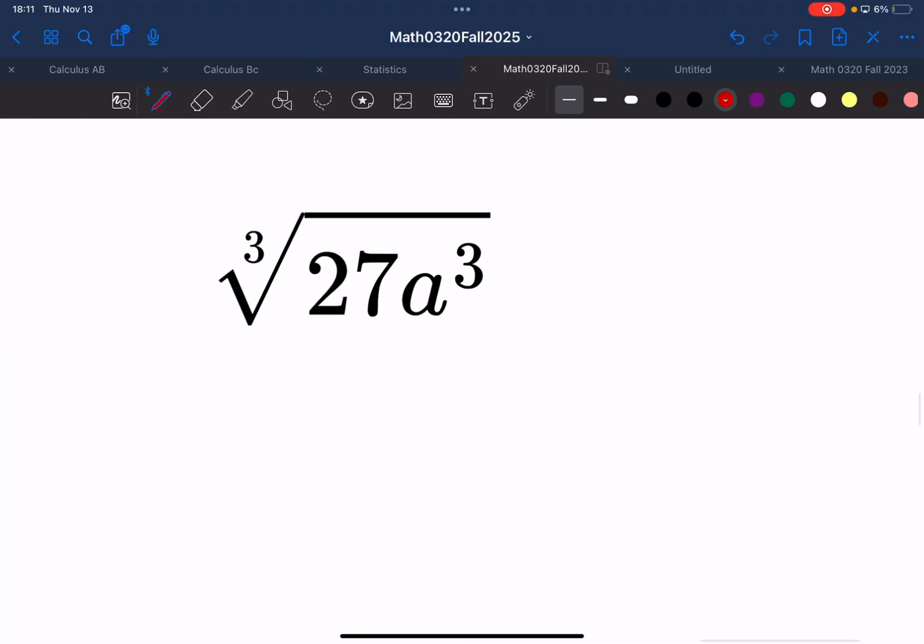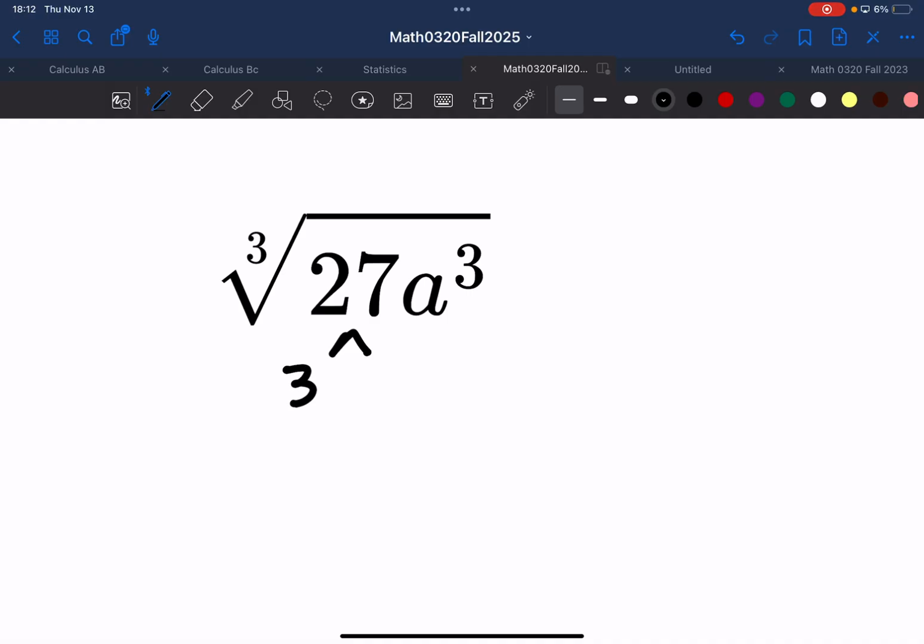Okay, so now we have numbers mixed with variables. We're just going to treat it as 2 separate things. We're going to do the cube root of 27 and then the cube root of a cubed. Let me rephrase.